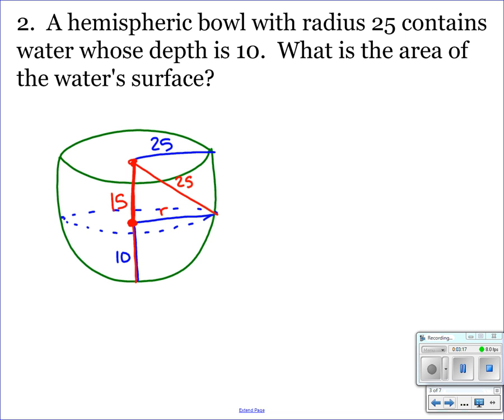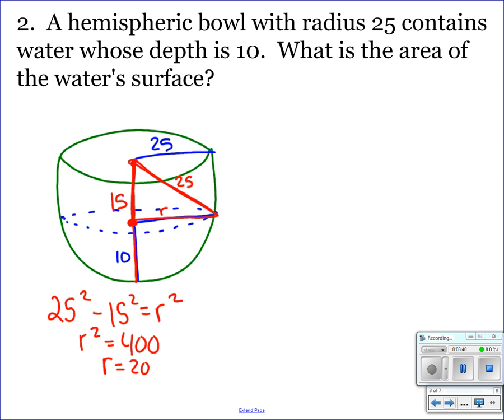So we're going to use that triangle. 25 squared minus 15 squared is going to get me r squared. R squared ends up being 400, or r is 20.